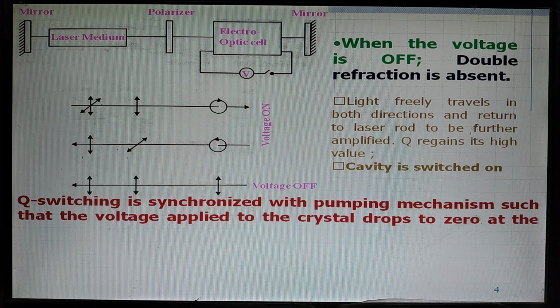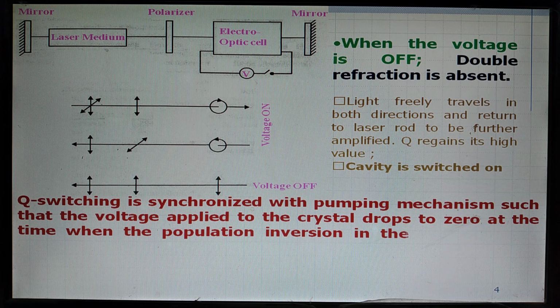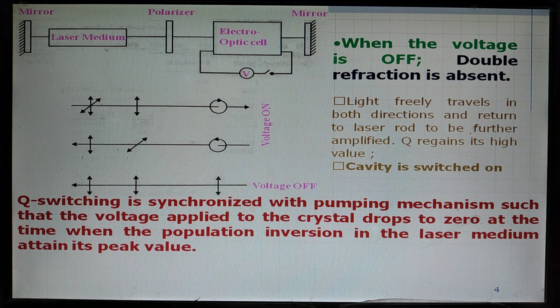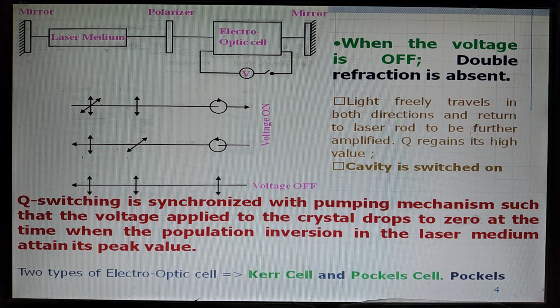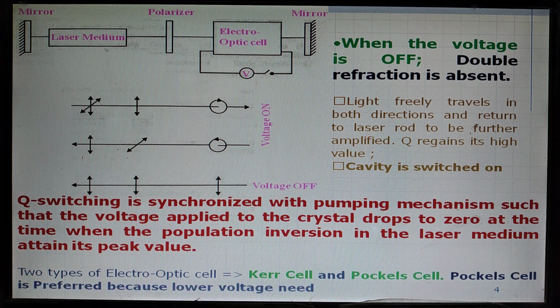Q switching is synchronized with the pumping mechanism such that the voltage applied to the crystal drops to zero at the time when the population inversion in the laser medium attains its peak value. There are two types of electro-optic cell, Kerr cell and Pockels cell. Pockels cell is preferred because a lower voltage is needed to produce the desired effect.